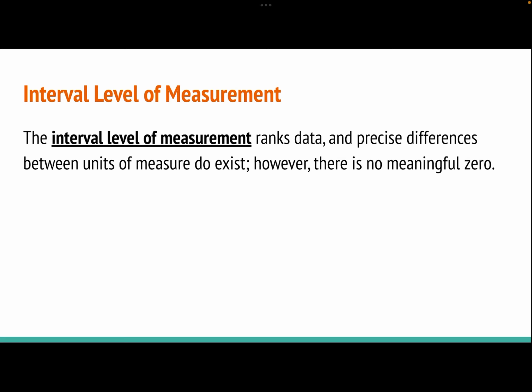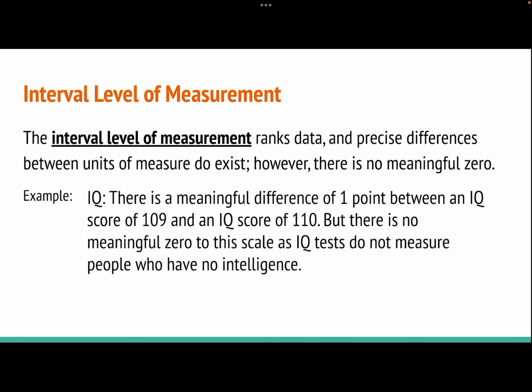The third type of measurement we have is the interval level of measurement. This can rank the data. There is a precise difference between the units of measure. However, there isn't a meaningful zero within this measurement. So here's what an example of this would look like. IQ. There's a meaningful difference of 1 point of an IQ score.